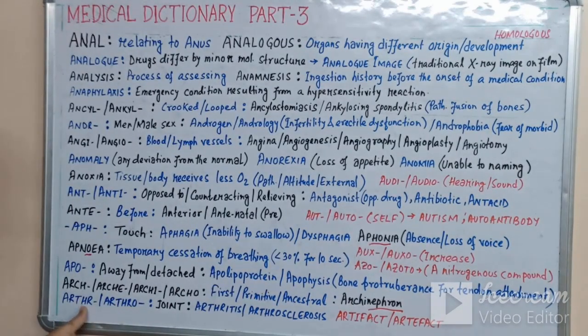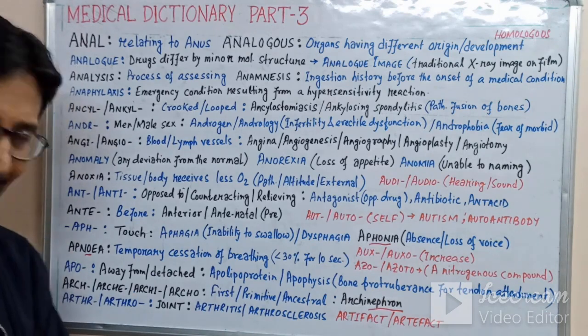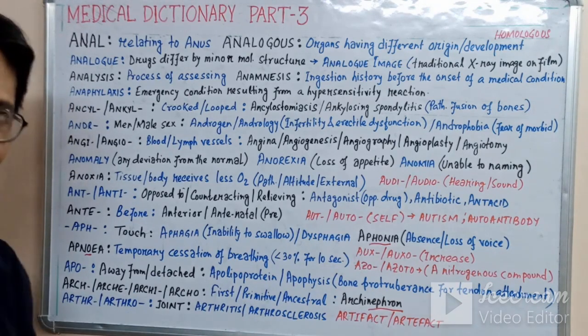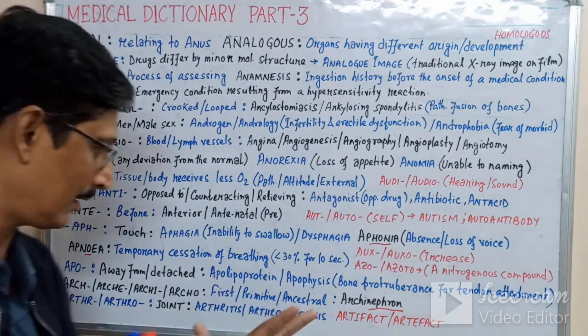Now ARTHR or arthro, that means the joint. Arthritis is the inflammation of the joint. Arthrosclerosis is the stiffness of any joint.